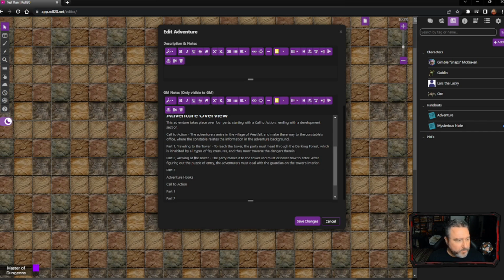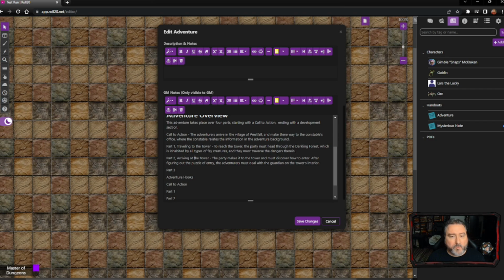Social being role playing, where the encounter is solved via role playing with the NPCs or the monsters and such like that. Exploration is this type of situation, which is exploring around the tower itself, using stealth, using investigation, things like that to try to solve the encounter.